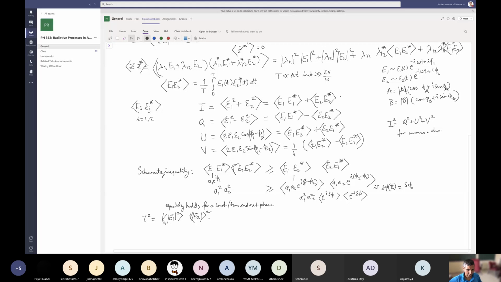Right, so this is I squared. Similarly, Q squared is equal to, how should I write it? E1 squared minus E2, the whole squared. Okay.